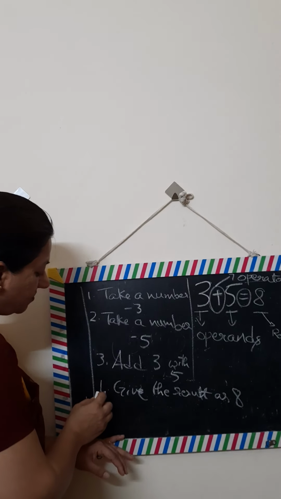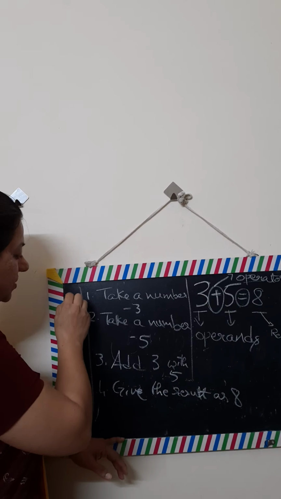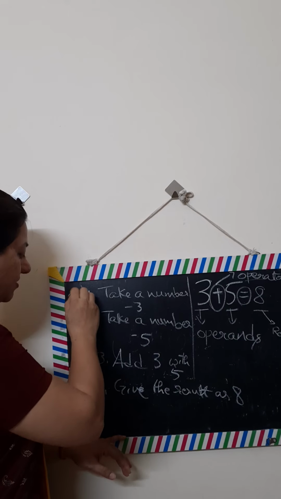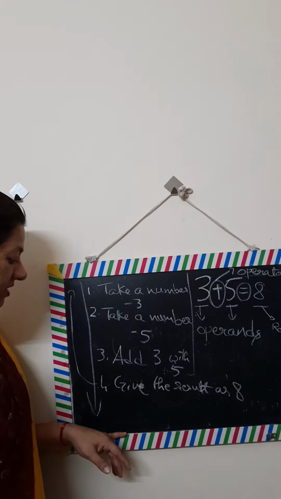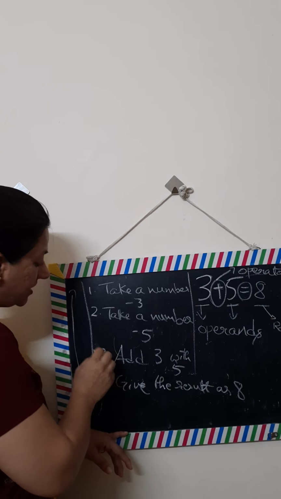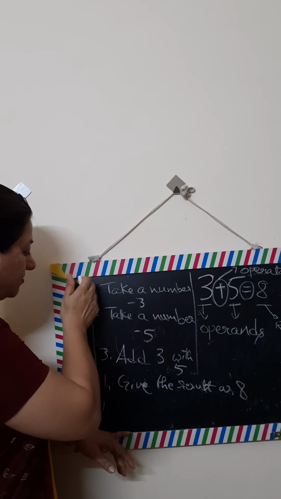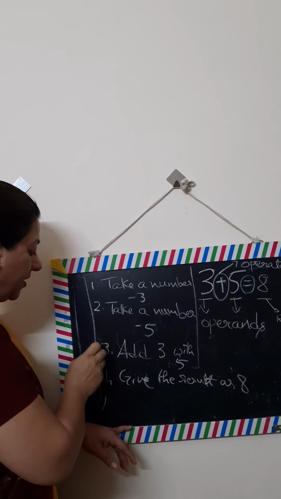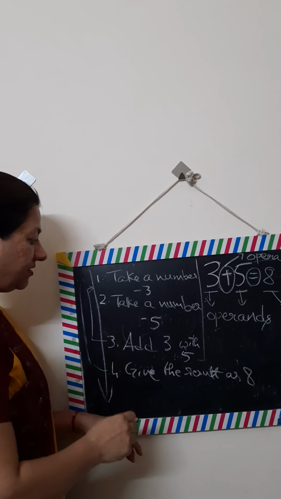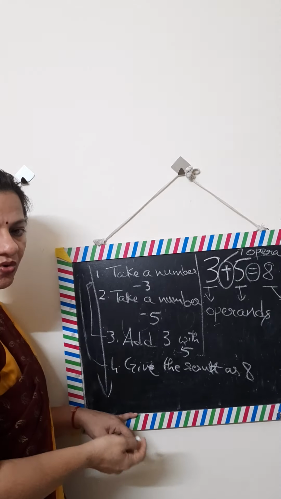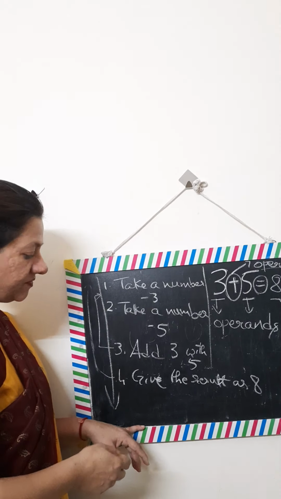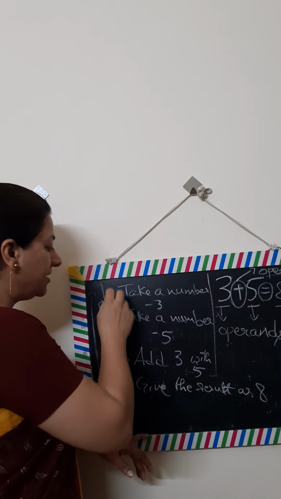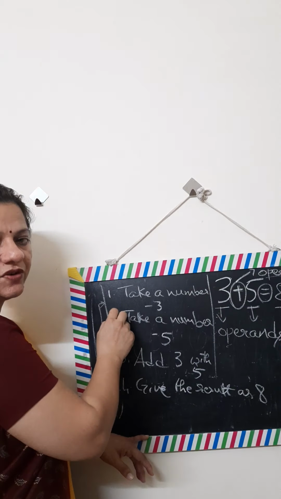Can I write this 4 at the initial level? Can I write this here? Give the result as 8? No, I cannot do. Can I write this after the first one? Let's say third point after the first point. Can I write it here? No. Because I don't even know the second number is 5. This and this can be interchanged because these are two different numbers.